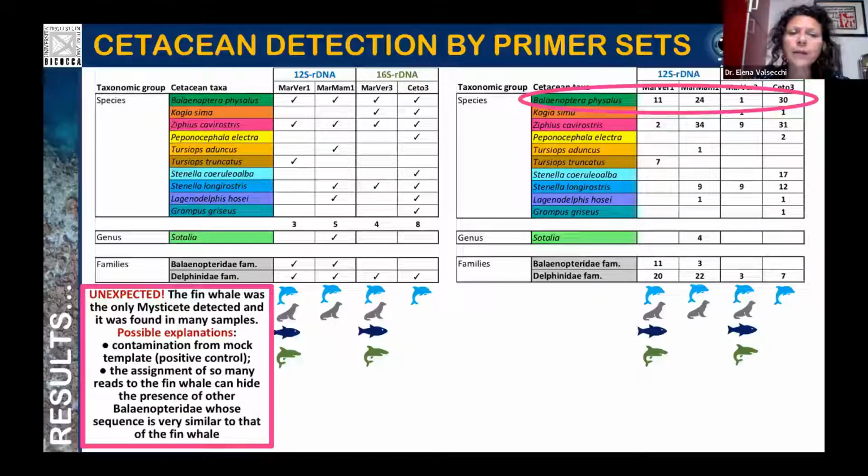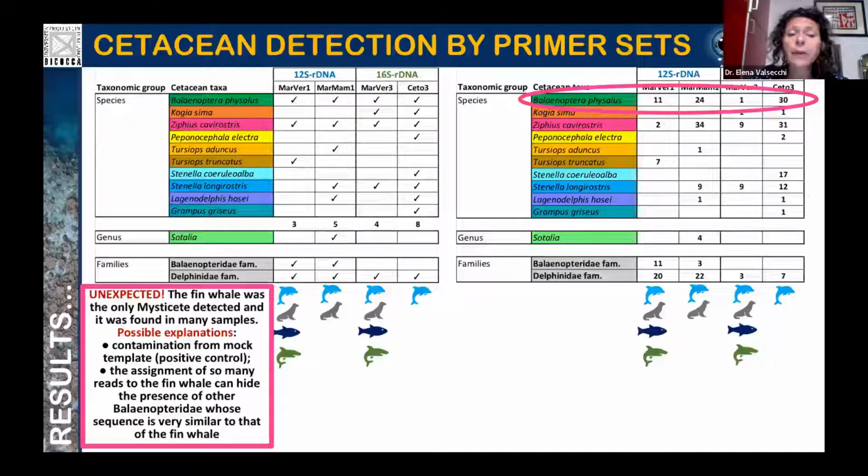The other unexpected result is the huge number of reads that were ascribable to Balaenoptera physalus, the fin whales. That is not expected in such a high quantity in this area, and it is also the only mysticete species that we were able to detect.